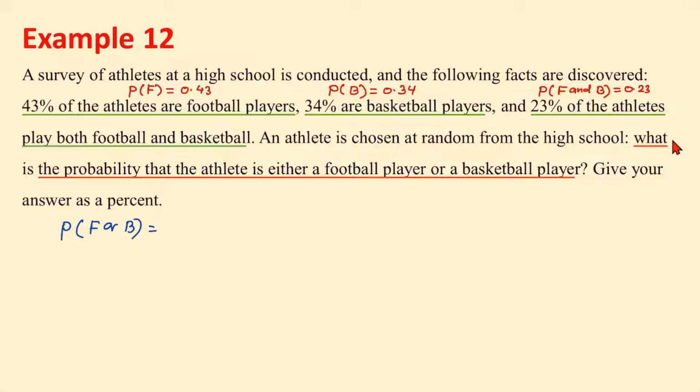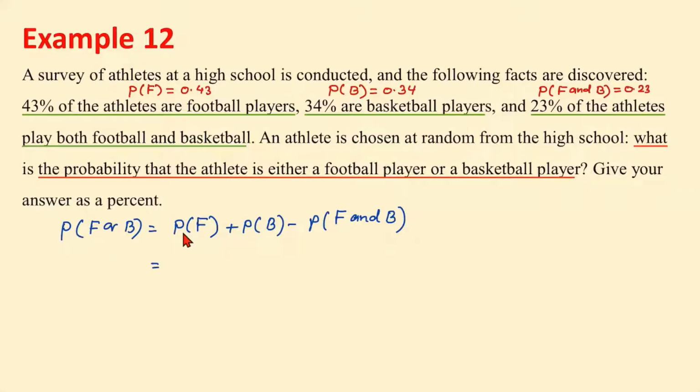Because we have "or", this is the addition rule, and our formula is the probability that an athlete is a football player plus the probability that the athlete is a basketball player minus the probability that they are both football player and basketball player. We have all these values.